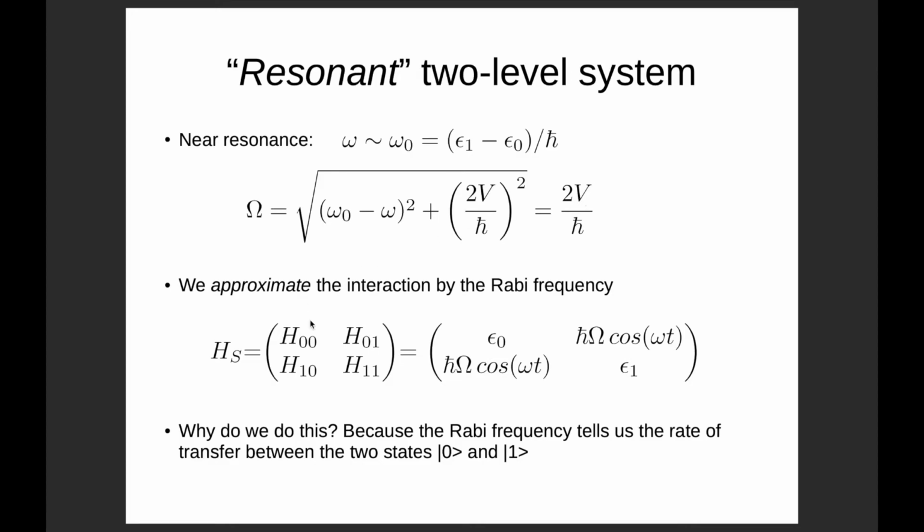So we can change our Hamiltonian of the two-level system by a simplified Hamiltonian, where the non-diagonal term clearly shows the dependence with the Rabi frequency. So this is very interesting, because immediately it is telling us if a Hamiltonian can give us an ESR signal, because the Rabi frequency will tell us the rate of transfer between the two states 0 and 1 and whether we can have resonances.